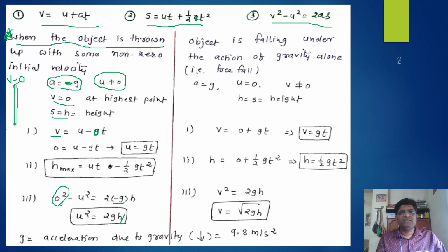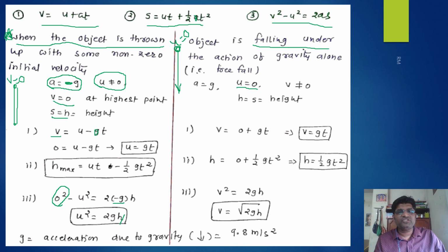Now these are the equations for the motion when the object is falling under the action of gravity alone. So when the object is released from a certain height, it is falling only under the action of gravity. There is no other force acting on it, right? And when you had this object in your hand, your initial velocity is equal to 0.